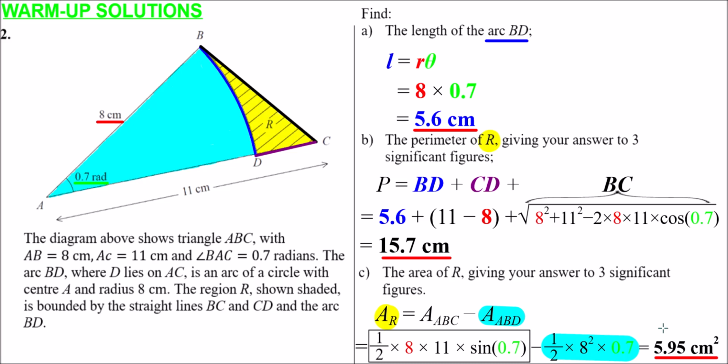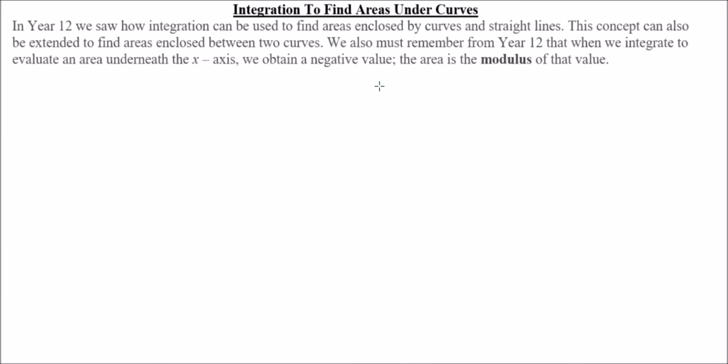Now we're suitably warmed up, let's talk about the main part of this lesson, finding areas using integration. First of all, how to find areas under curves using integration. In year 12 we saw how integration can be used to find areas enclosed by curves and straight lines. This concept can also be extended to find areas enclosed between two curves, which we're going to come on to next.